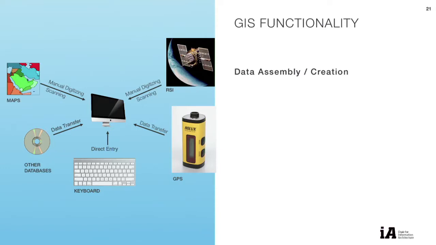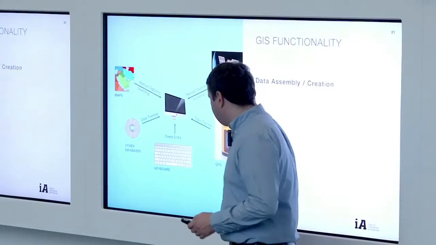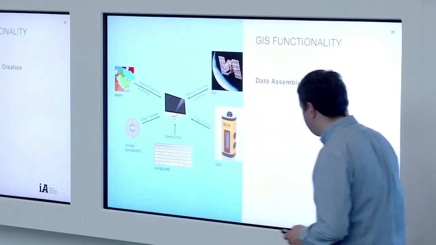And then you can create a crowdsourced map, with all different kinds of people gathering different kinds of tracks, buildings, and so on, in different parts of the world. So this is kind of interesting. Yes, then just manual digitizing and scanning, which is the most painful job. And of course, just data transfer from other databases and the old beloved keyboard, of course.